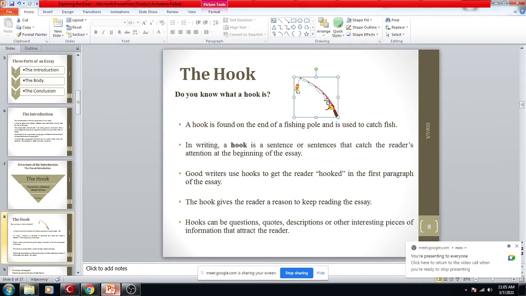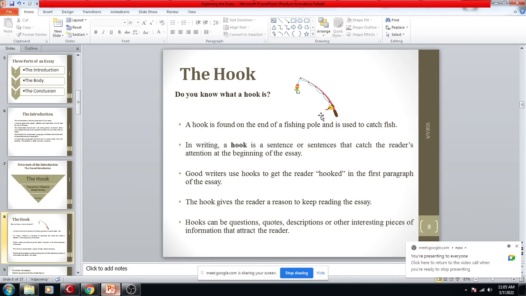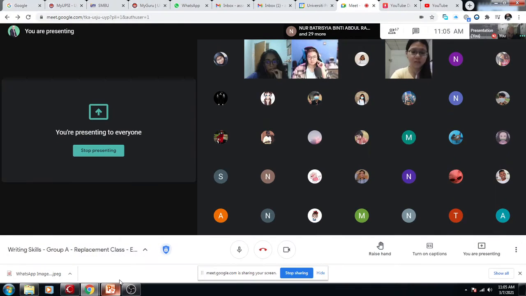Can you see this picture image here? What is this image? A fishing rod. A fishing rod or a fishing pole. Thank you. Now, towards the end of the fishing rod, there is what we call a hook. A hook, like a piece of metal curved in a particular way and pointed at the beginning.